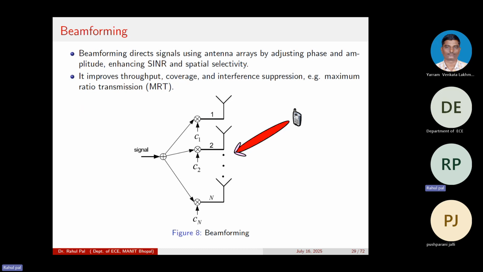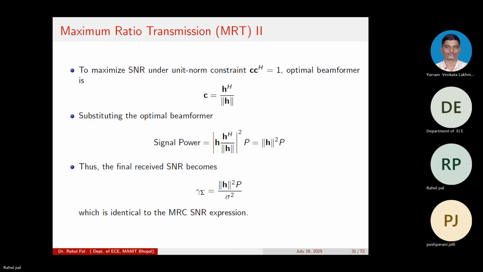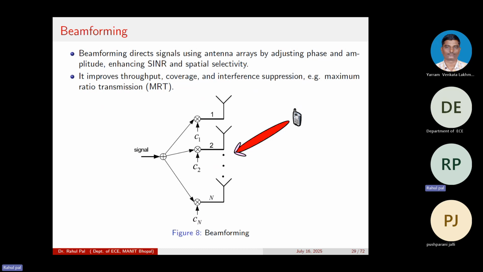So now you can adjust these weights by maximizing the signal to noise power ratio. The same concept we have been using here. We provide C1, C2, up to Cn, and these are nothing but the direction for the signal. By adjusting these weights, we are just giving the direction to the signal. If you put C1, C2, up to Cn in one bracket, they form a vector which provides only a direction.